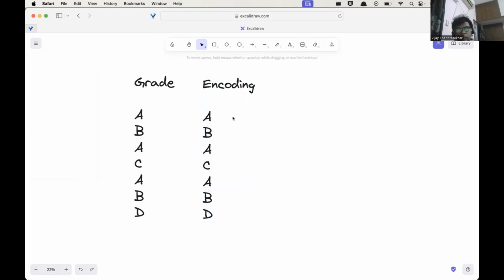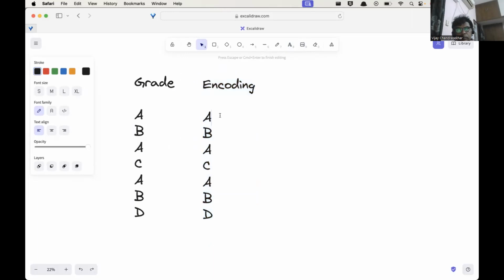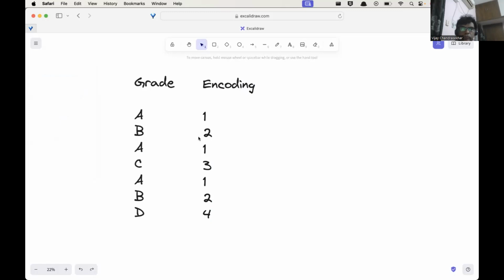One is called label encoding, where when I see A, I'm going to give 1, and when I see B, it's going to be 2, and so on.